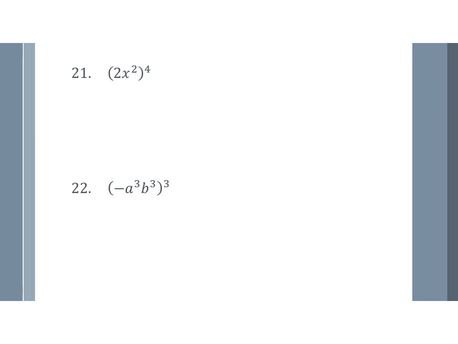All right, did I miss? This next one, again, remember this power distributes to the 2 and to the x squared. So this exponent of 4 will go on the 2, the power to the power, this becomes x to the 8th, 2 to the 4th power is 16, x to the 8th.